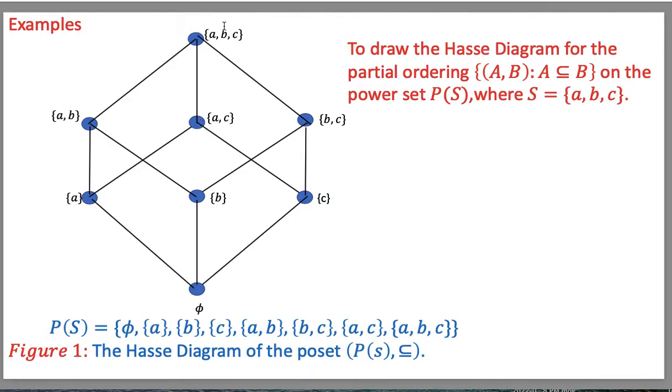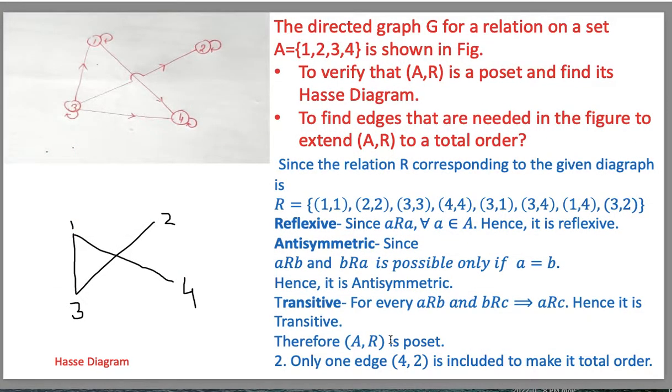And we write ABC here because AB is a subset of ABC, AC is also a subset of ABC, and BC is also a subset of ABC. So this is the Hasse diagram of the power set of S together with the relation is a subset of, or inclusion, defined on it. So this is the poset (P(S), is a subset of).